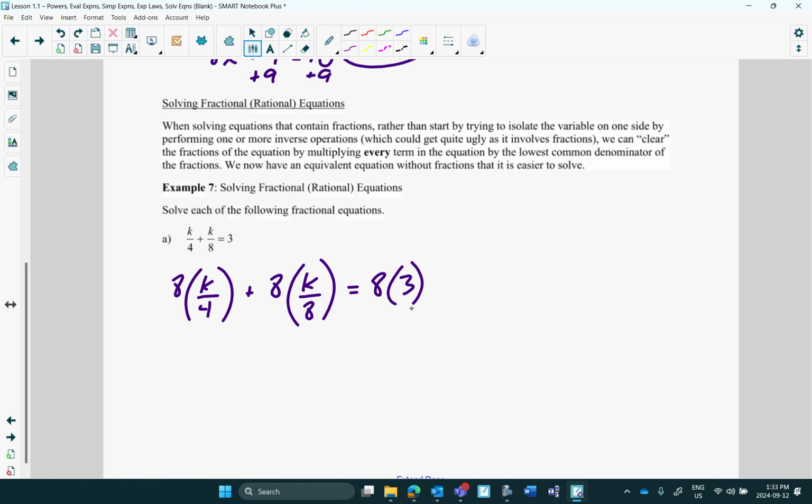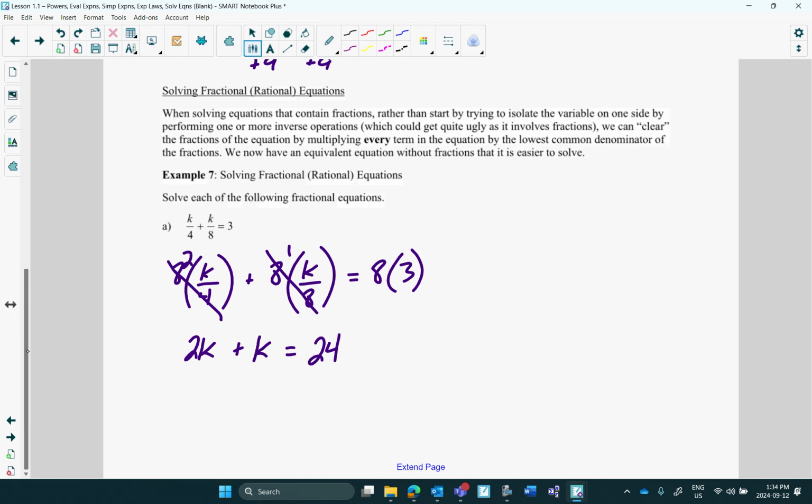And then remember, we canceled, we reduced. 8 divide 4. So this becomes 2 times k, or 2k. 8 divide 8. 1, or this becomes 1 times k, or just plain old k. And 8 times 3, 24.